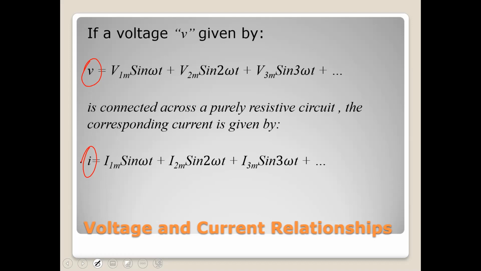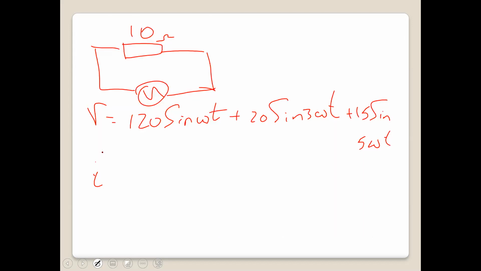So these will be the voltage and current at a point, at a time t. However, when I'm writing the component voltages, I use uppercase, as well as uppercase for the current. Just bear that in mind. All right, so back to the question.